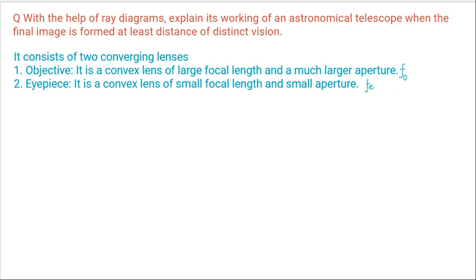Now note that the focal length of the objective is greater than the focal length of the eyepiece. So let me write this here inside a bracket: the focal length of the objective is greater than the focal length of the eyepiece.